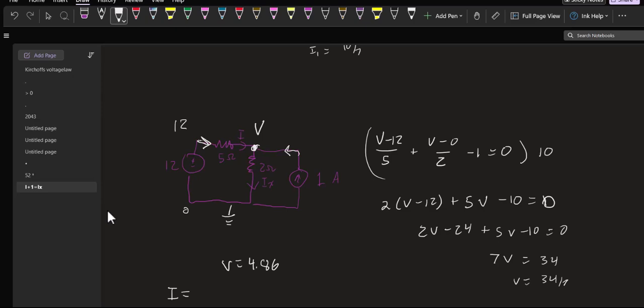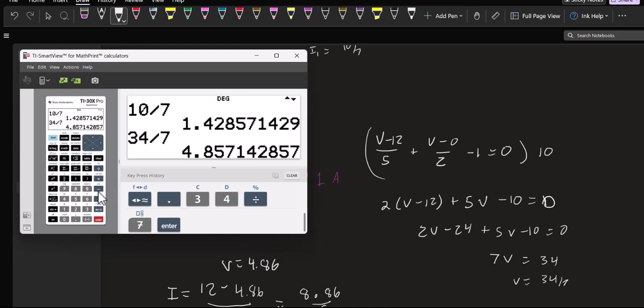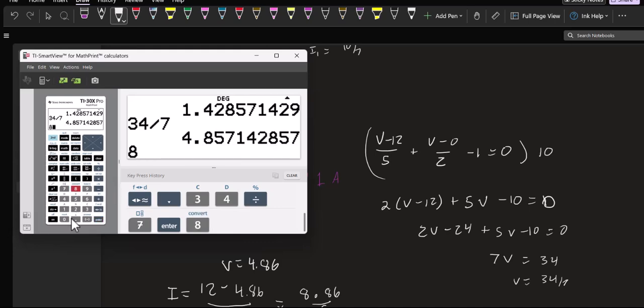As I'm going across this resistor, it's the voltage on this side, which is 12, minus the voltage on the other side, which is 4.86, over the resistance. So this is 8.86 over 5, which is 1.78.